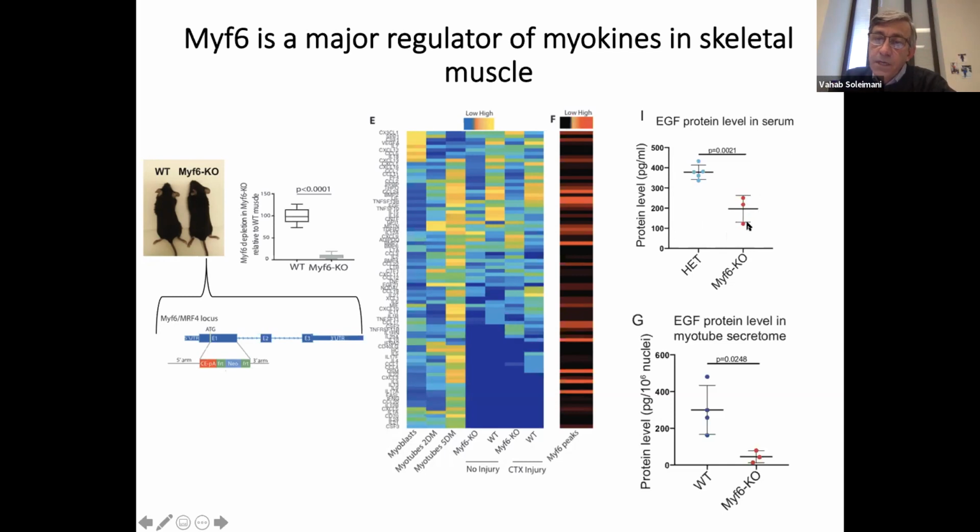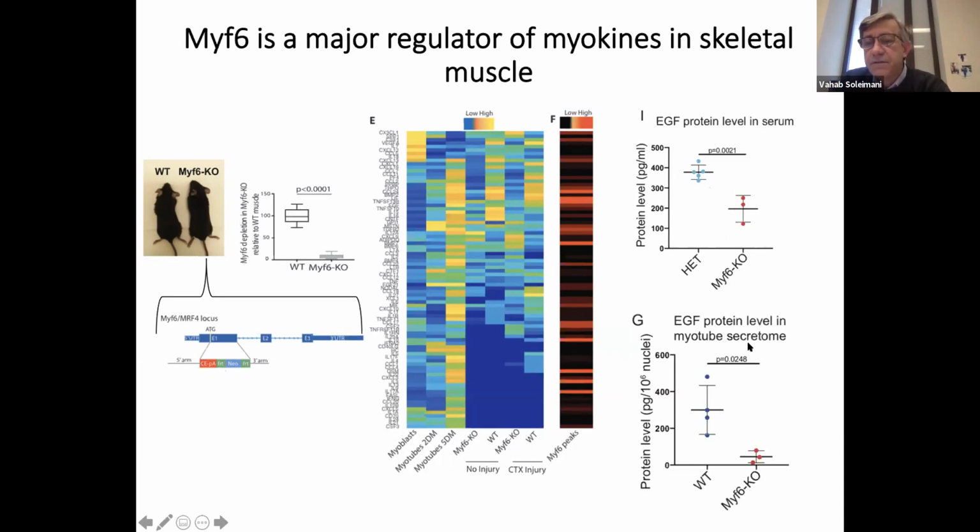However, in the MIF6 knockout, clearly in the serum, we have a very significant decrease in the EGF. This suggests that transcriptional regulation of EGF by MIF6 in the muscle fiber is the main source of the EGF in the blood.